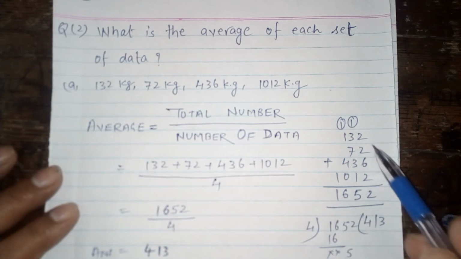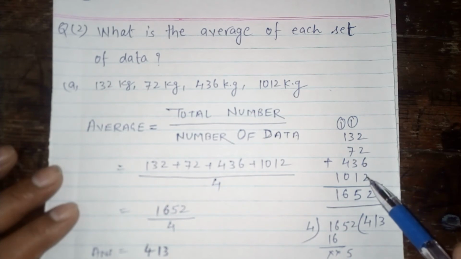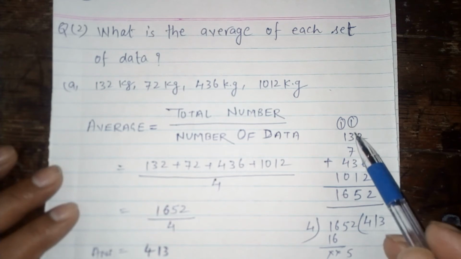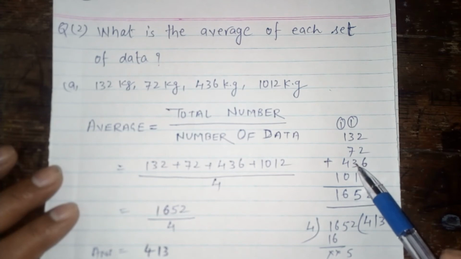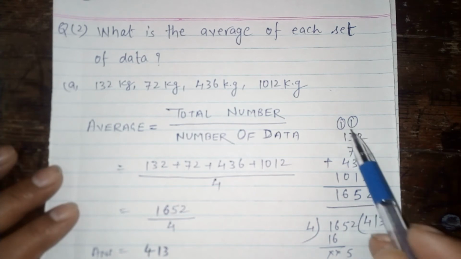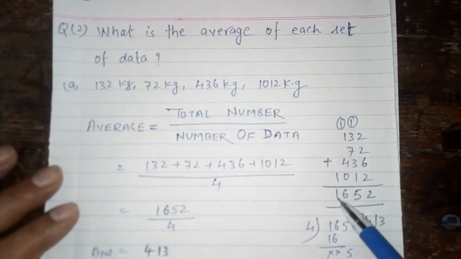Look here. 2 plus 2 is 4, 4 plus 6 is 10, 10 plus 2 is 12, 2 carry over is 1, 1 plus 3 is 4, 4 plus 7 is 11, 11 plus 3 is 14, 14 plus 1 is 15, 5 carry over is 1, 1 plus 1 is 2, 2 plus 4 is 6 and 1.